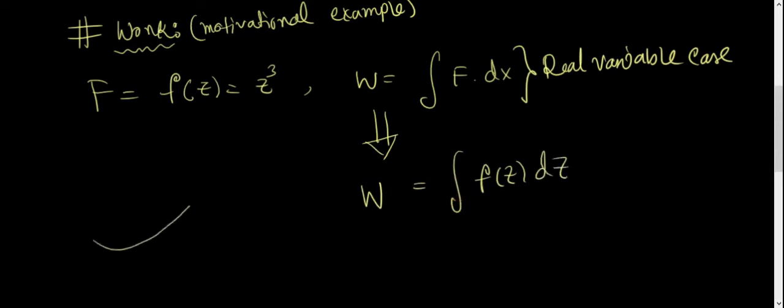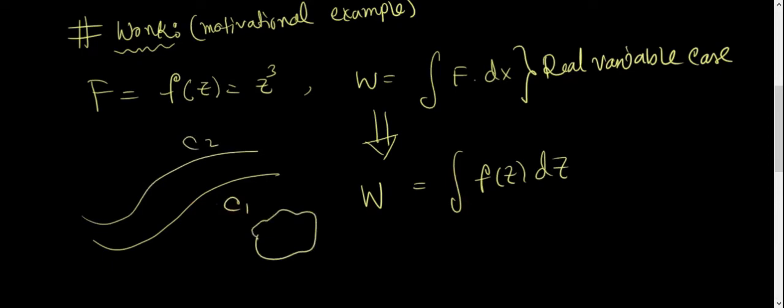And let's say there are many paths. Let's say this is a contour C1, this is a contour C2, there might be a contour C3, and the value of W will depend on the contour chosen over here.